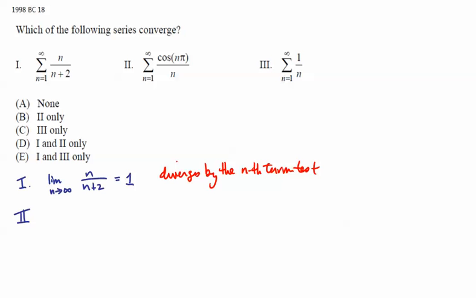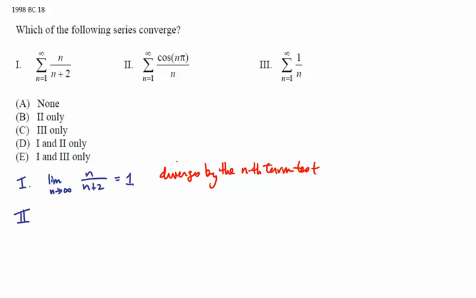Cosine oscillates between -1 and +1, so the numerator will stay somewhere between -1 and +1, but the denominator will grow infinitely large, and so that will become 0. But that's only enough to tell us that the nth term test is inconclusive.